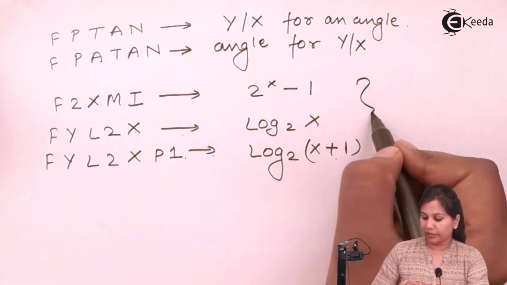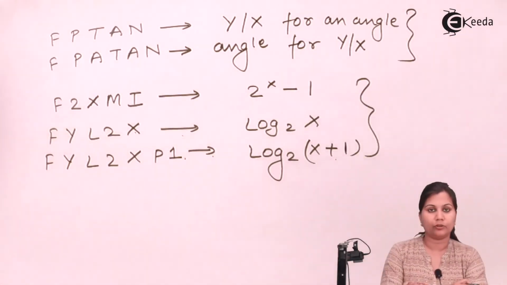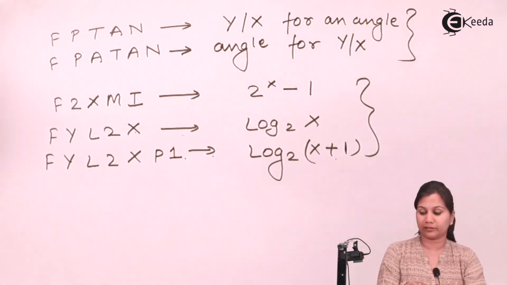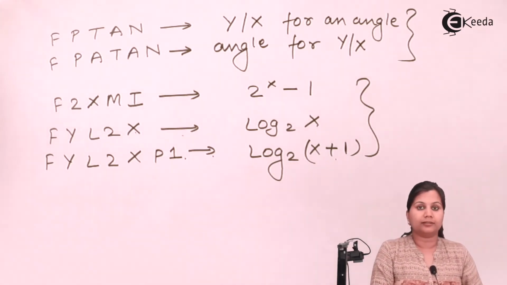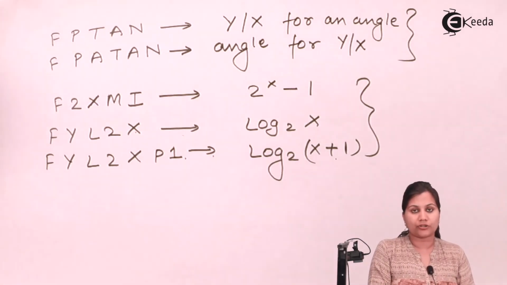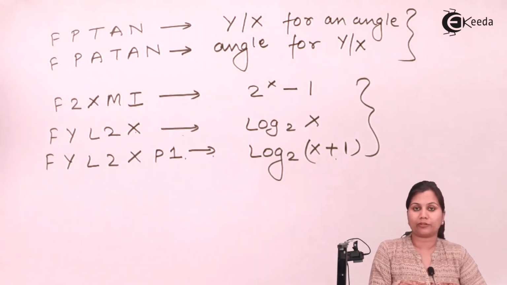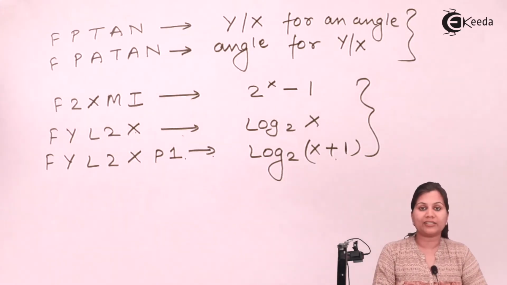So these are the exponential instructions, and the others are the trigonometric instructions, which calculate the angle and the exponent functions. So this completes the Transcendental Instructions in the 8087 math coprocessor. I hope that this topic is now clear to you. Thank you.